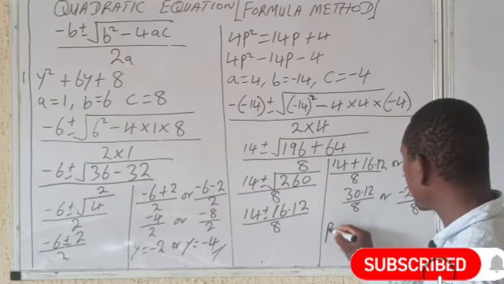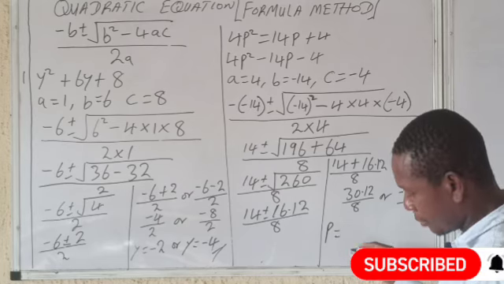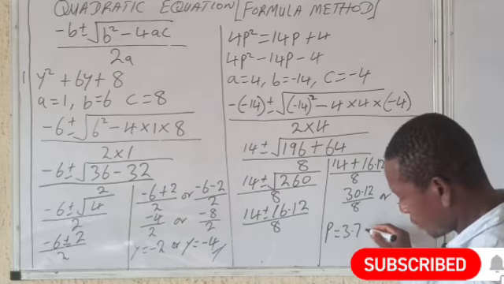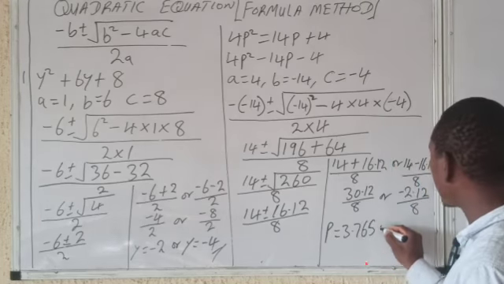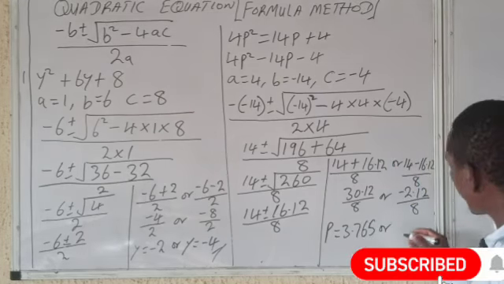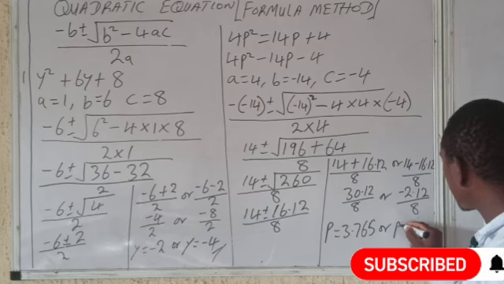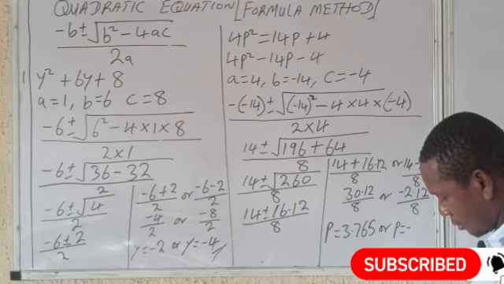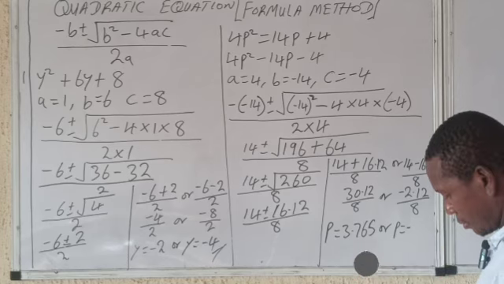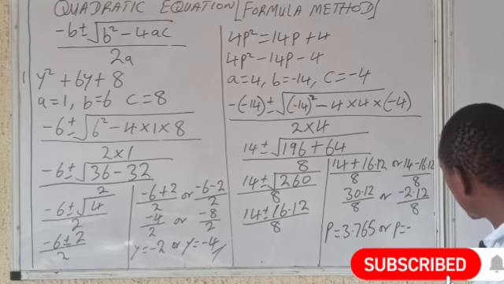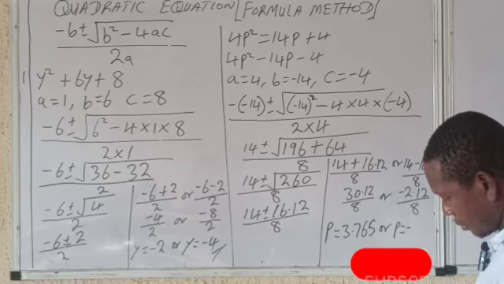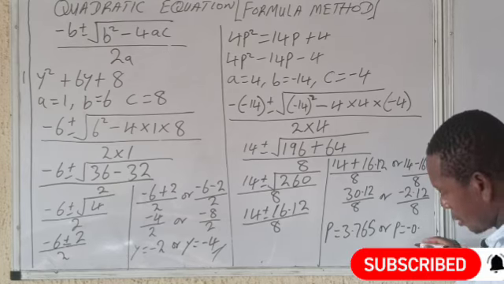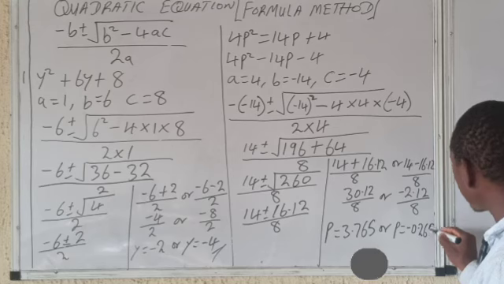So P in this case is equal to 3.765, or P is equal to minus 0.265.